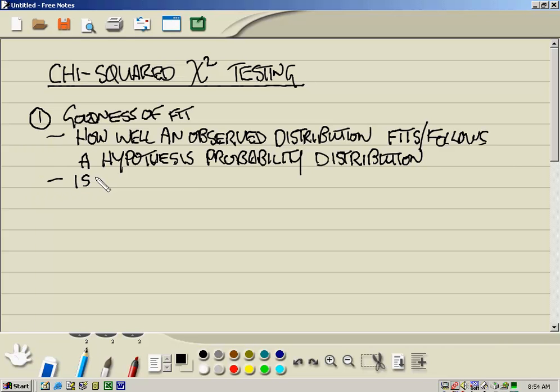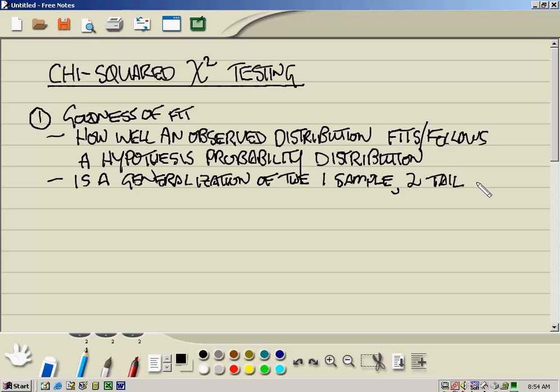This test is a generalization of the one sample two-tail test on proportions.